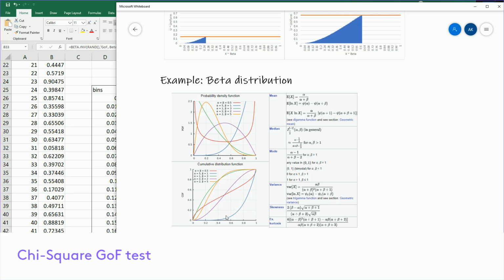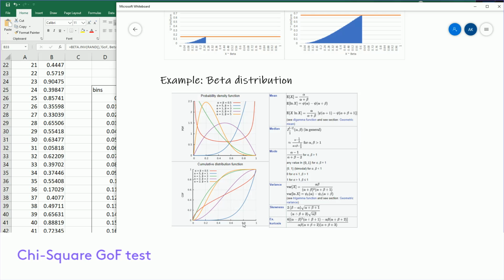Well, because by definition, what is a CDF, cumulative distribution function? A CDF is the probability that your random number is less than or equal to a certain number, which is your number on the x-axis.